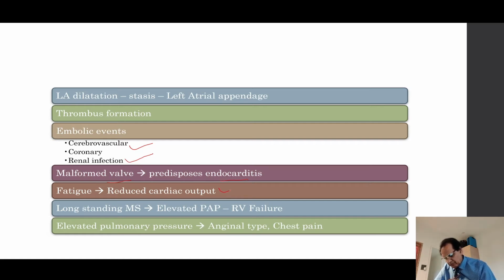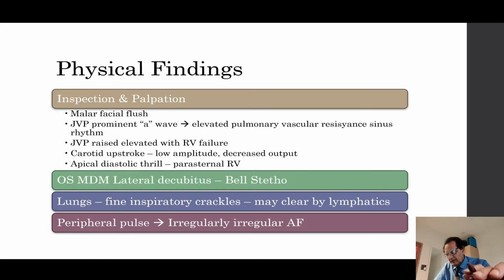Reduced cardiac output leads to fatigue. Important one: elevated pulmonary artery pressure, when chronically elevated, will lead to RV failure. So elevated pulmonary pressure will give you a pain just like angina. They may present with chest pain.